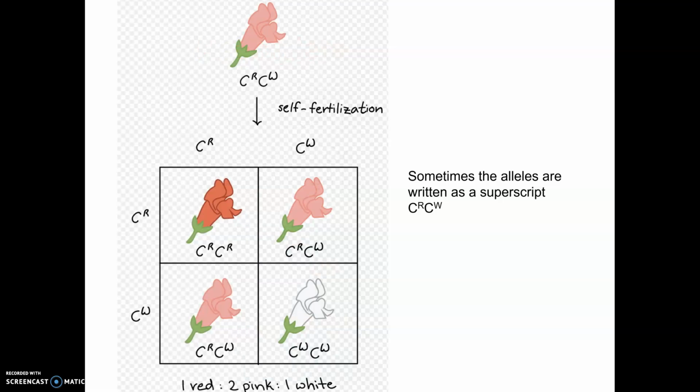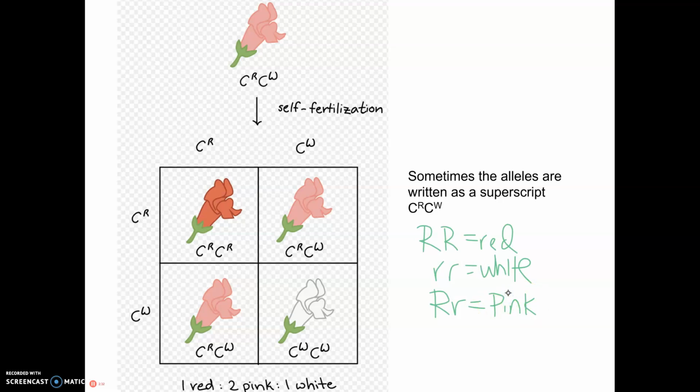Now, since neither one is dominant, they don't always use big B and little b. That doesn't really make sense. I mean, if you were trying to do a Punnett square and you wanted to use big R for red and little r for white, you could, and then you just had to remind yourself that big R, little r is not going to be red, because that's what would happen if it was dominant, but it was going to come out an in-between color, pink.